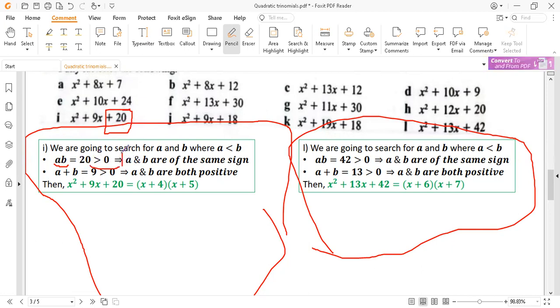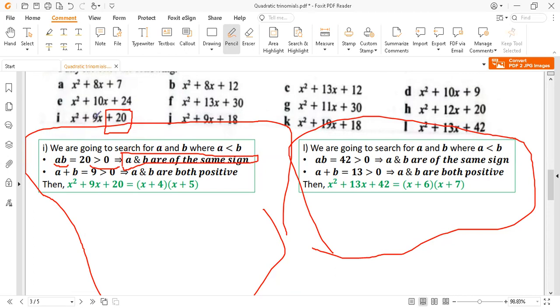So we can have an idea about the signs of a and b. A and b are of the same sign because the product of two numbers of the same sign is positive, and opposite signs give a negative product. Same sign could be positive or negative: if both are positive, the sum is positive, and if both are negative, the sum is negative.